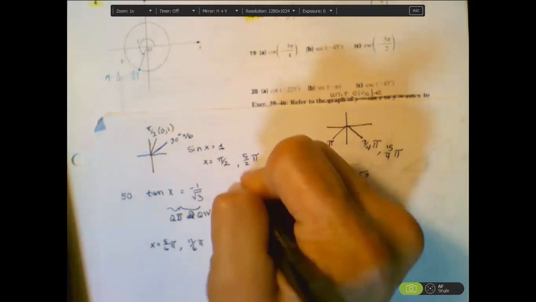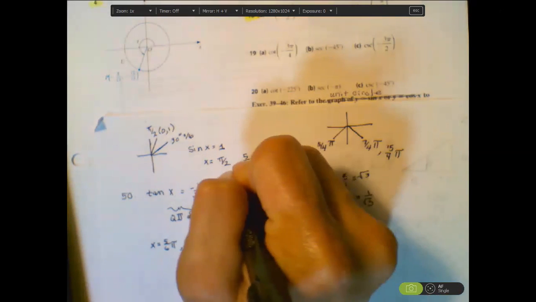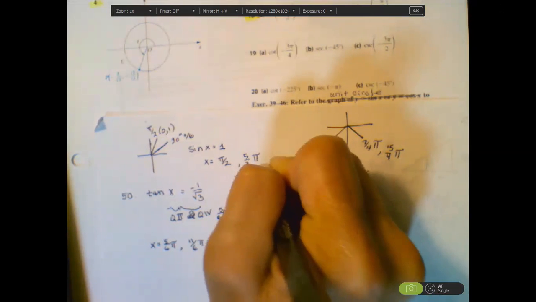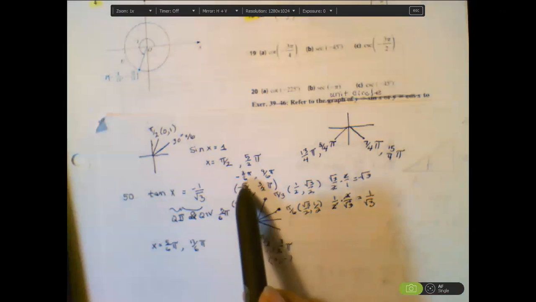This is negative 3/6 pi, and this is 9/6 pi. Is 5/6 between negative 3 and 9? Yeah. Is 11/6 between negative 3/6 and 9/6?